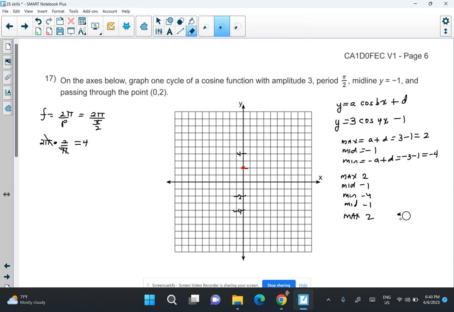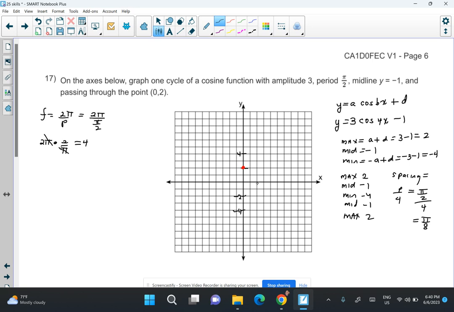And so now let me just label the x-axis, and I need the spacing, and the spacing is going to be period divided by 4. The period again is pi over 2 divided by 4, which is pi over 8.